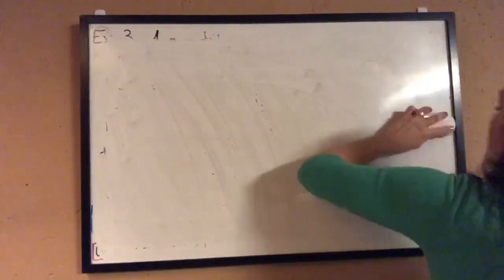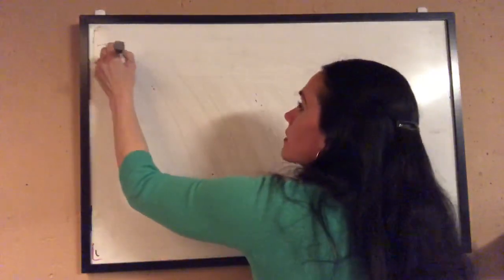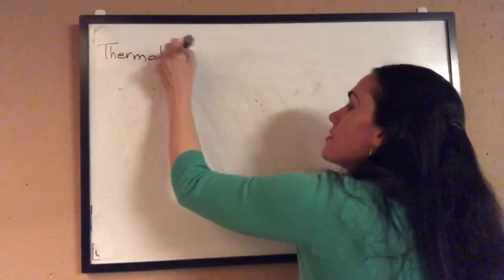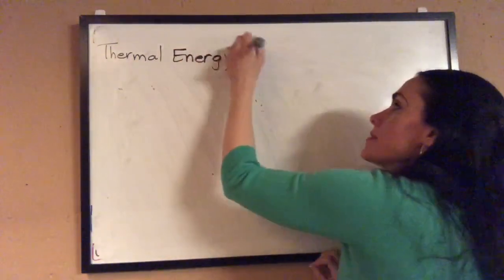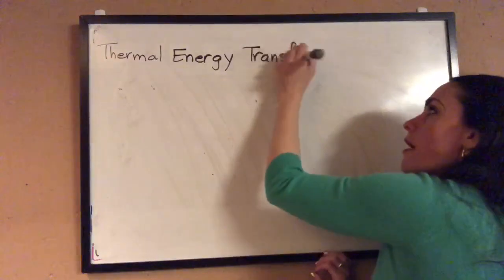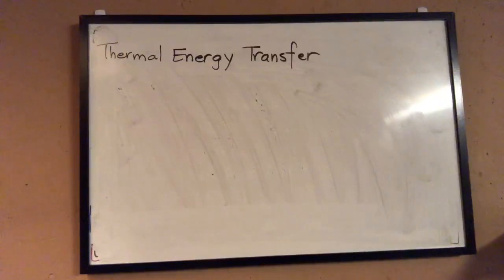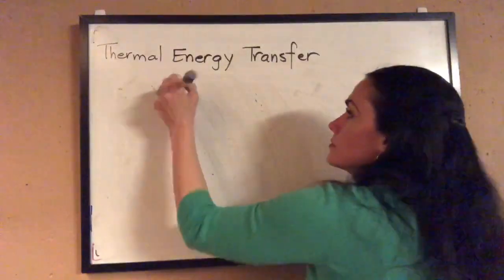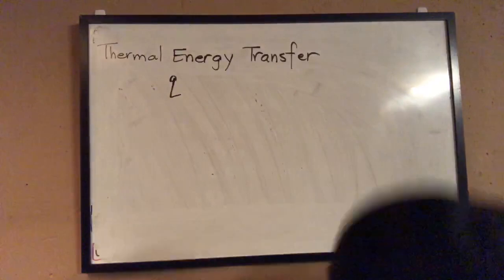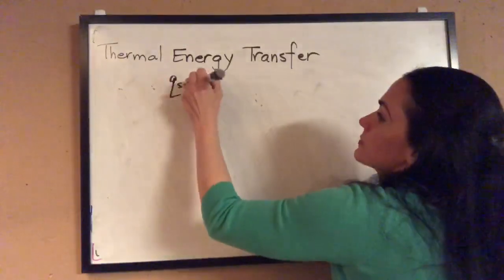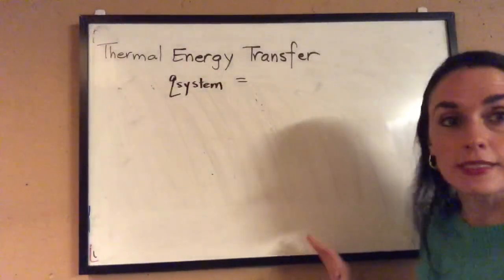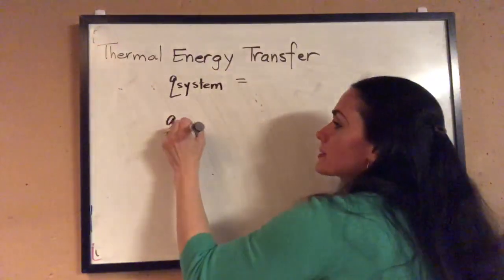What would occur is thermal energy transfer. So you have some heat that is part of a system. So let's say that the system was the copper metal.